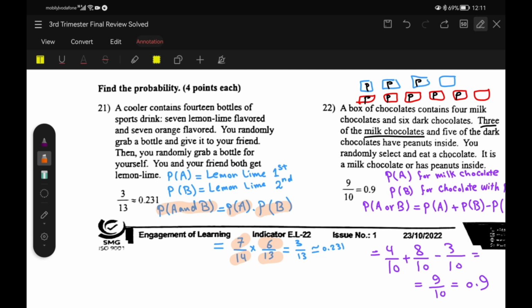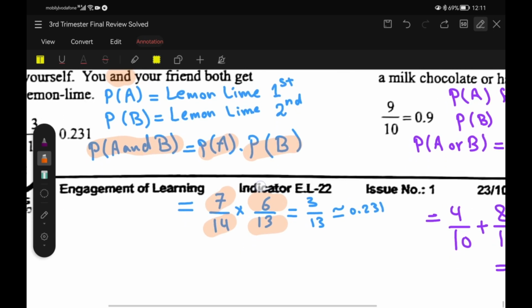What did he use here? He said "and." If he said "and," that means we have to multiply. As a first pick, he picked 7 out of 14. And for the second pick, the sample space became 13. And if he just picked a lemon-lime, then the lemon-limes became 6.